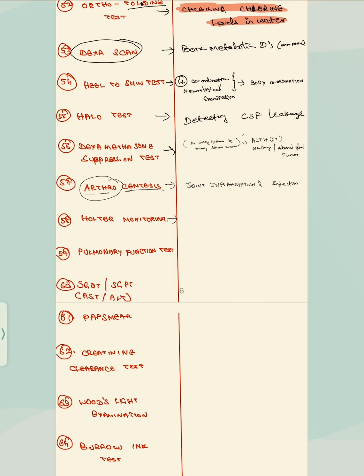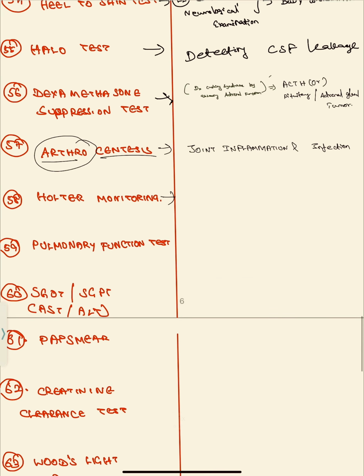Holter monitoring. Holter monitoring is for ECG. It's 24-hour ECG monitoring for arrhythmias. It's continuously monitoring the ECG.